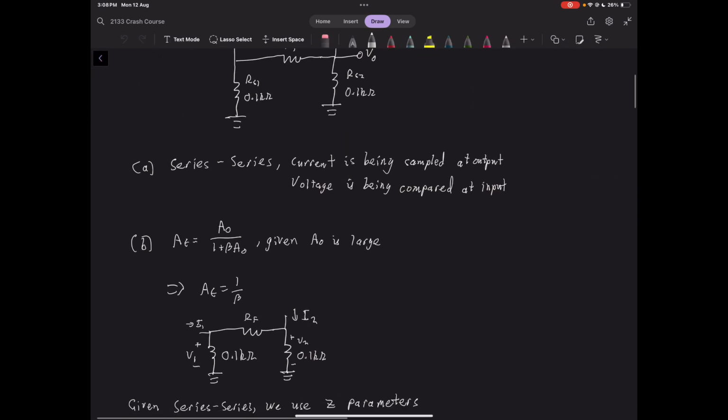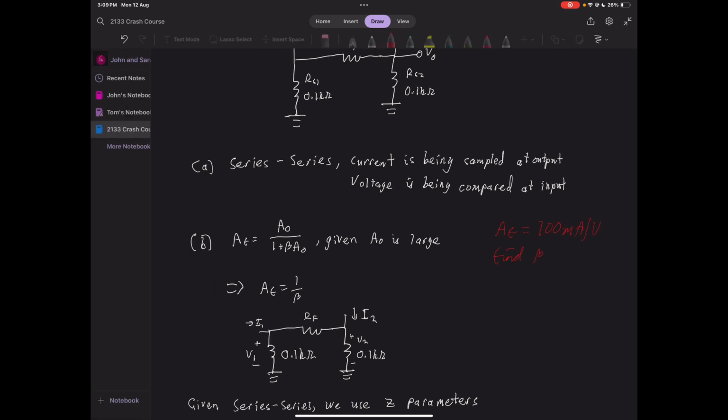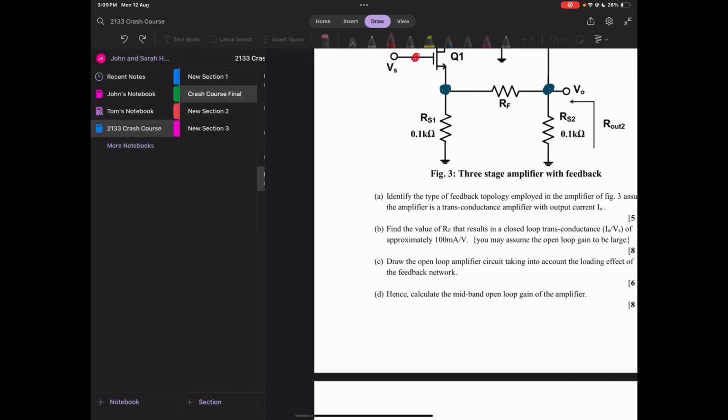So that is basically telling us that we want a closed loop gain of 100 milliamps per volt, and we need to find the beta that will give us this.